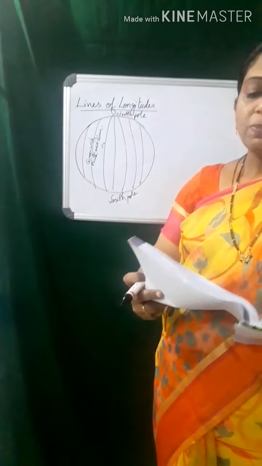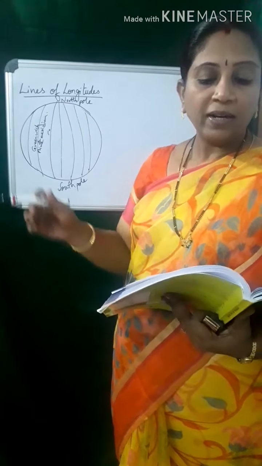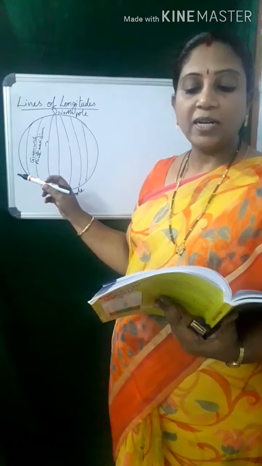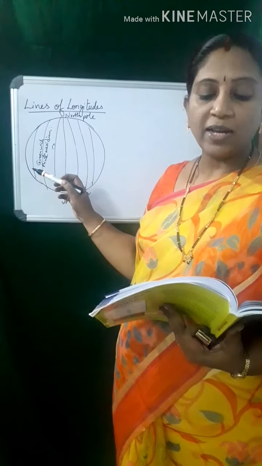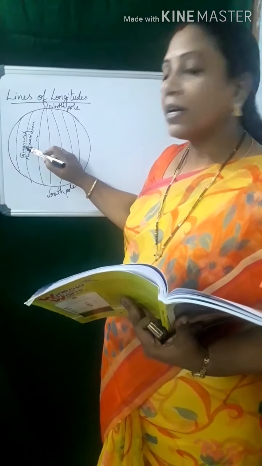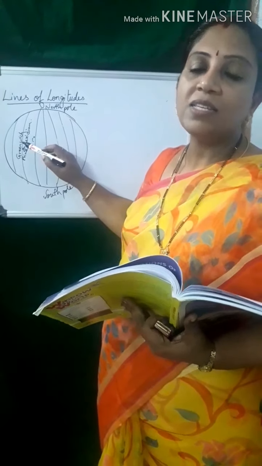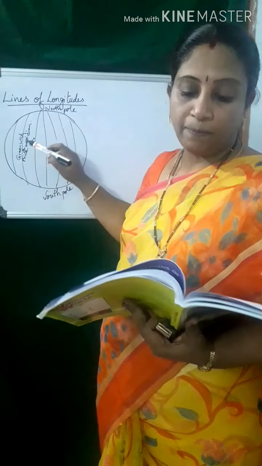The meridian which passes through the Royal Astronomical Observatory at Greenwich near London has been chosen as the 0 degree meridian, or the prime meridian. I already told you, it is Greenwich near London, and from here they calculate the 0 degrees meridian.